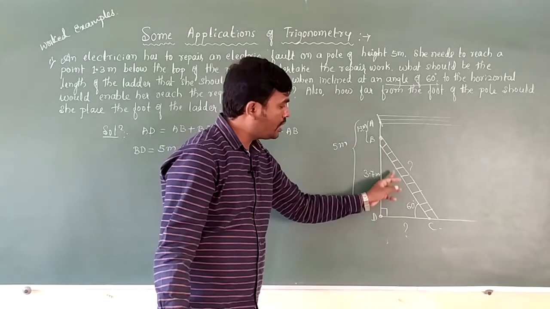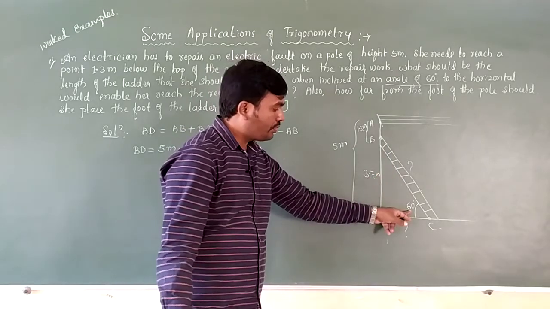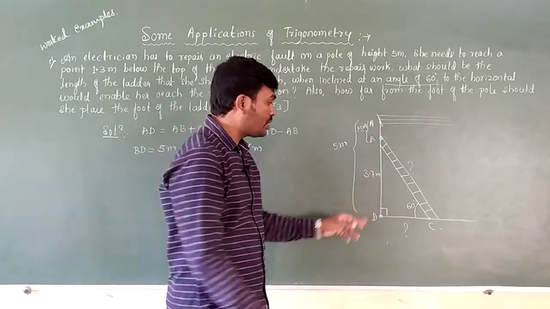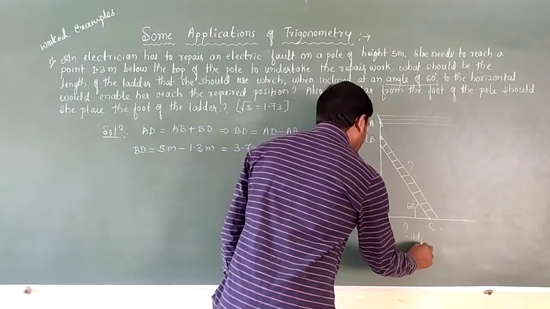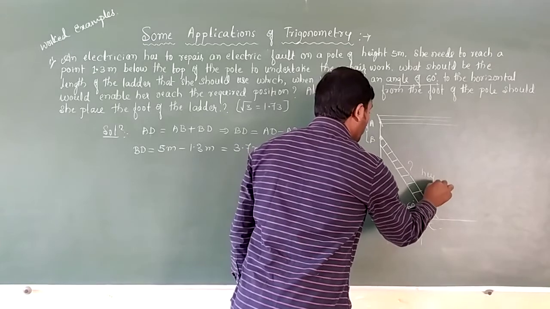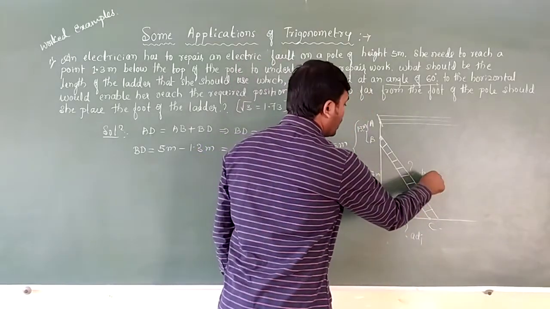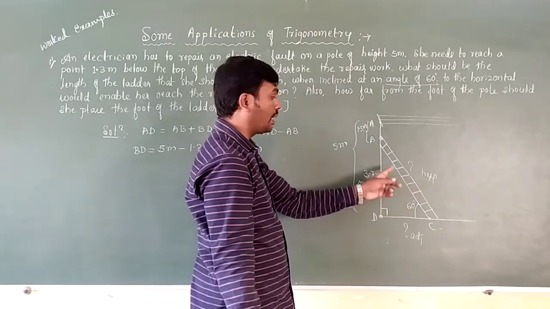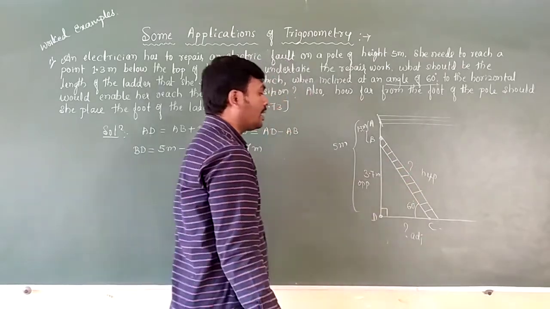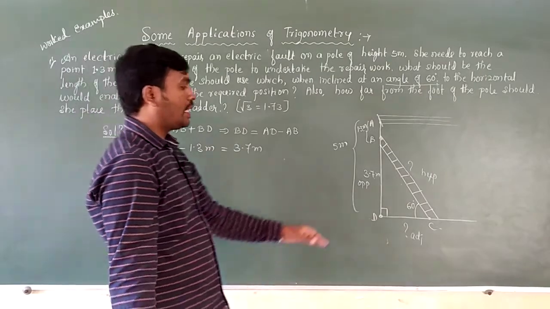If this is the reference angle, this is the opposite side, this is the adjacent side, and this is the hypotenuse. We need to find the hypotenuse, that is the length of the ladder. To find it, we will use sine or cos.